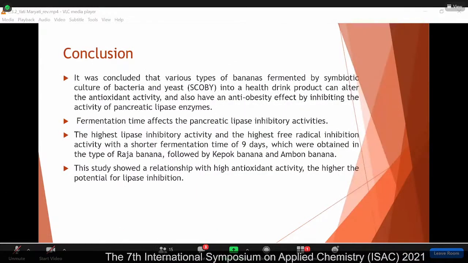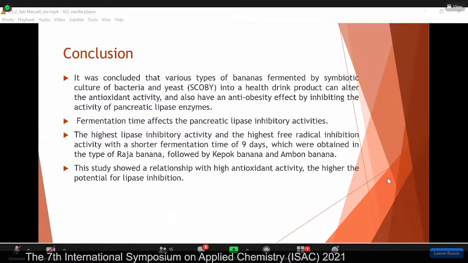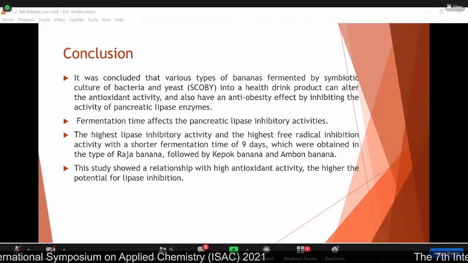In the conclusion of this study, it was concluded that various types of banana fermented by a symbiotic culture of bacteria and yeast into a health drink product can alter the antioxidant activity and also have an anti-obesity effect by inhibiting the activity of pancreatic lipase enzymes. Fermentation time affects the pancreatic lipase inhibitory activity.